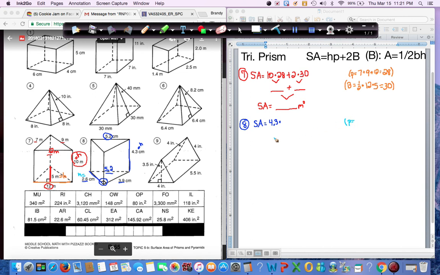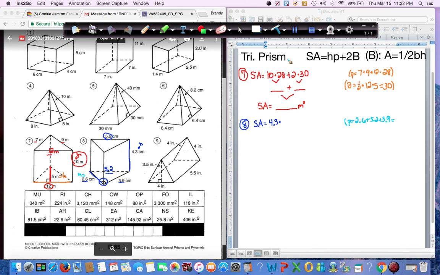And that is, so we have our 2.6, 5.2, 3.9. So we're going to add those together. 2.6, 5.2, plus our 3.9. And I am going to grab the calculator for this.